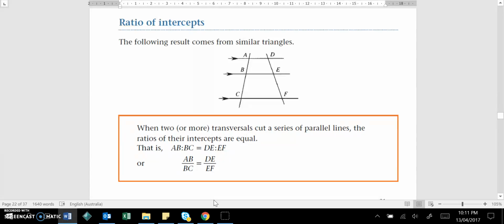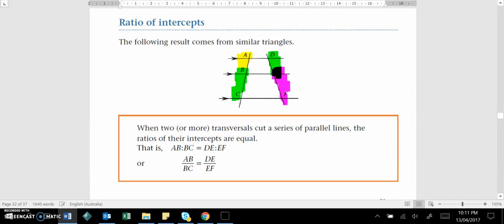So this next section is on ratio of intercepts, and it's a new concept, but basically all it's saying is that if you look at this picture here, that A over B, so this section here, is equal to AB over BC, which is equal to DE over EF.